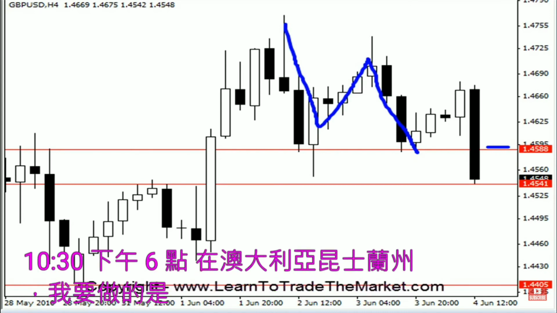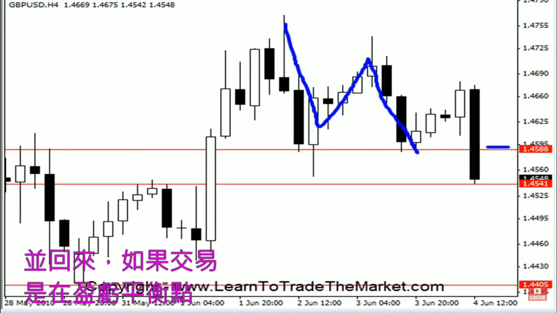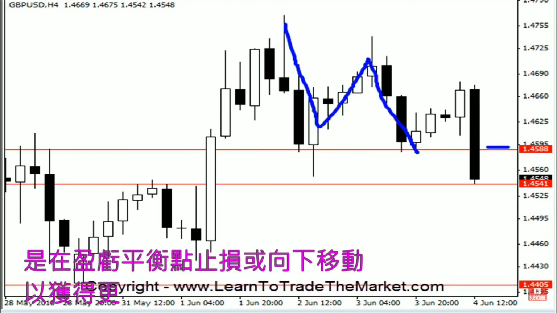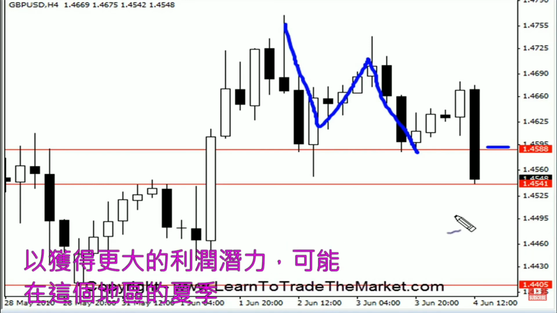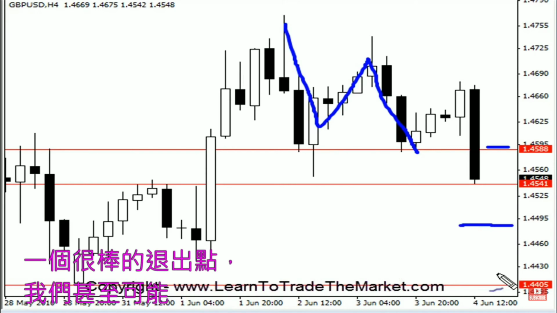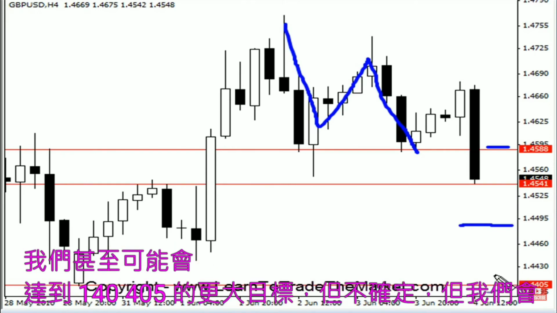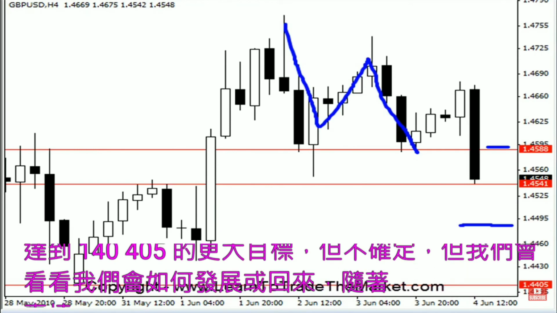I'm going to come back if the trade either stops me out at break even or moves down for a bigger profit potential, probably around 144.95, 144.85, somewhere in this area down here would be an awesome exit point. We might even get down to the larger target at 144.05. Not sure yet, we'll just see how we go. I'll come back as things develop. See you soon.